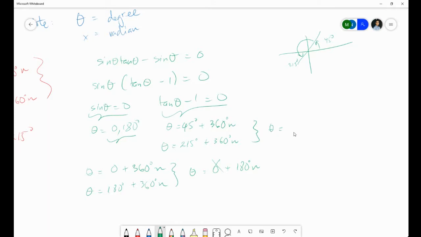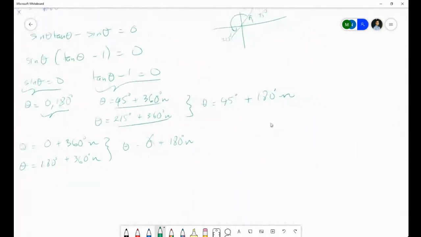Theta is equal to 45 plus 180 degrees n, which will take care of all of the solutions of both of these sets. Okay, so you can only do that if they differ by an angle that keeps repeating. Normally it's like 180 degrees or 90 degrees or something like that. So here our final solution would be these two equations here for all possible solutions.